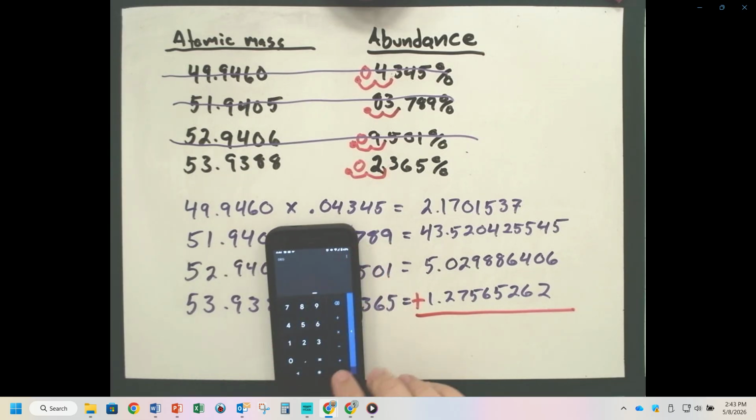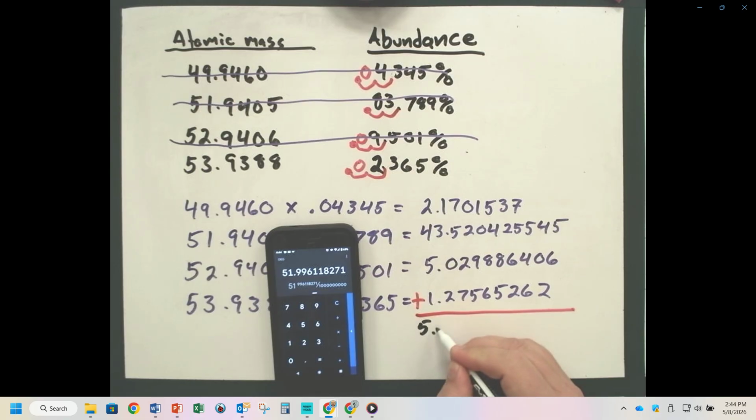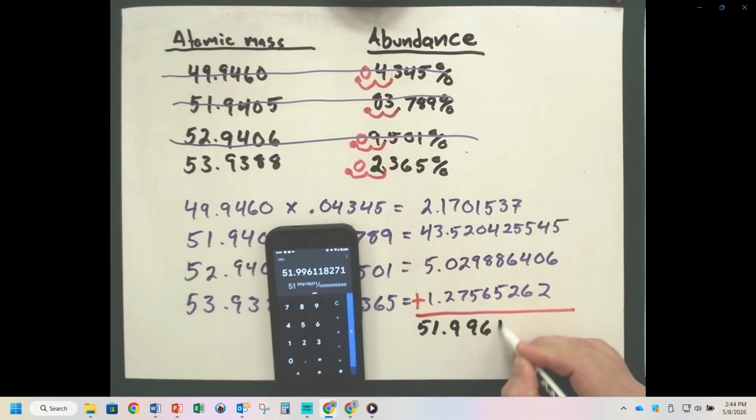So I'm going to go ahead and take the time to type it in the calculator. 2.1701537 plus 43.520425545 plus 5.029886406 plus 1.275652662 equals, now my calculator gives me 51.996118271.